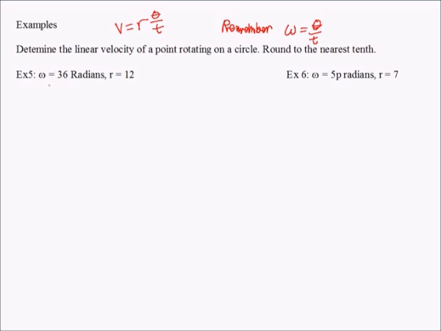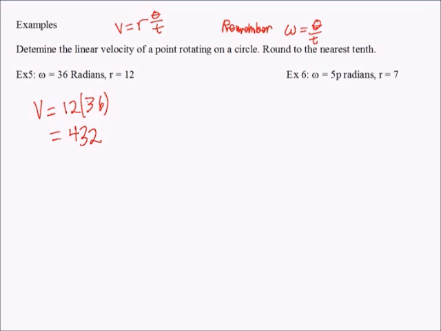Okay, so I have omega right here, and so it's going to be v equals r, which is 12, and then theta over t, so 36. Plug these two in, and you're going to get 432. Okay, that's your linear velocity.